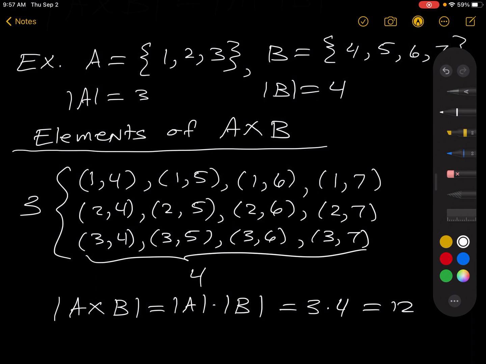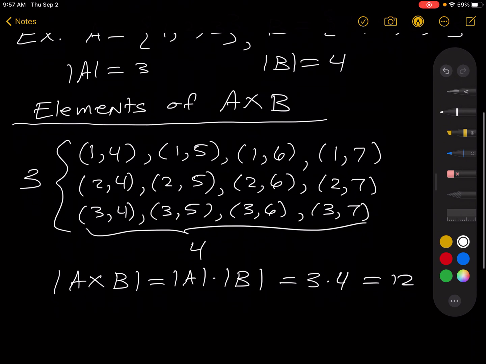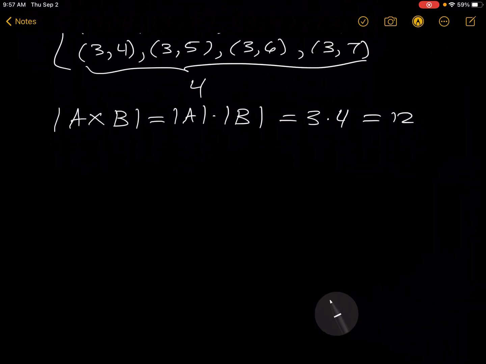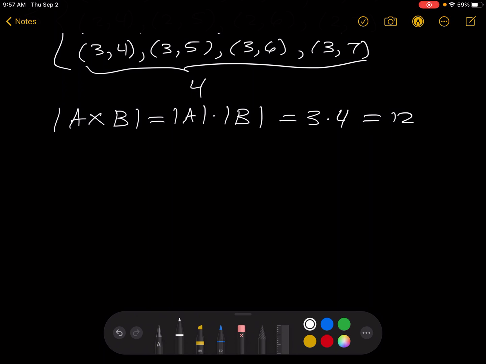All right, now we could easily generalize this to show why it's true in general. So let's look at that. So now we'll say A is the set x1, x2, x3, and so on, all the way till we get up to xm.